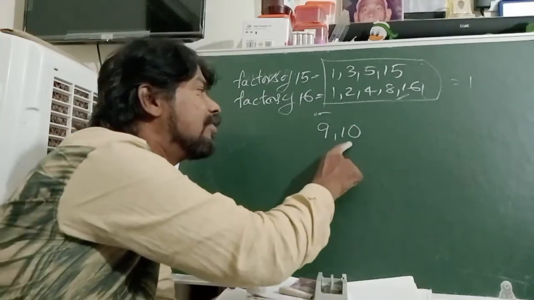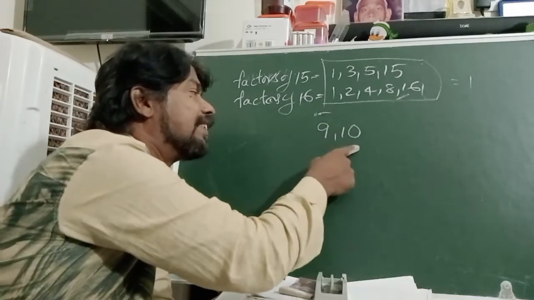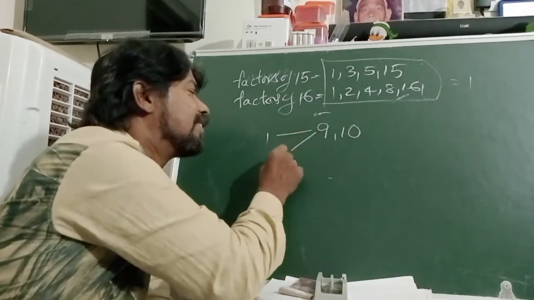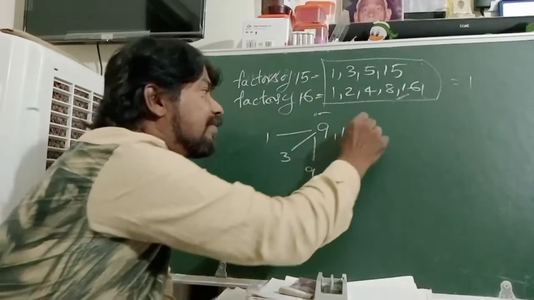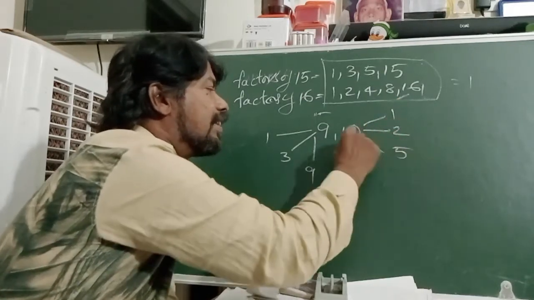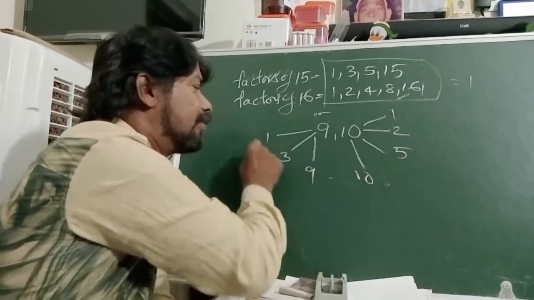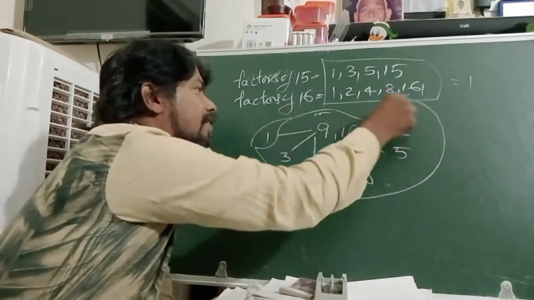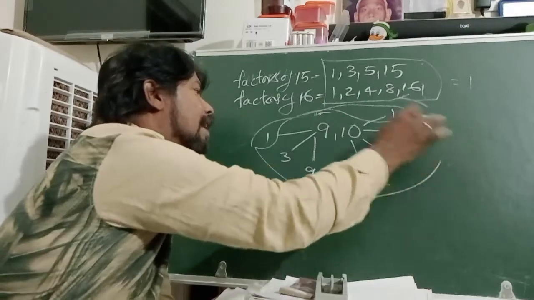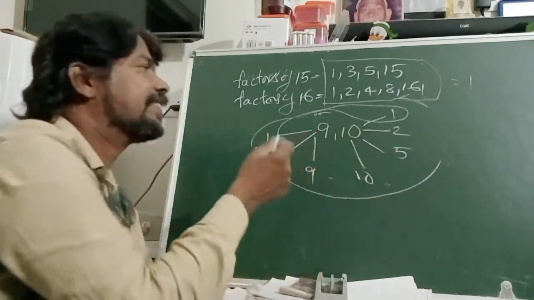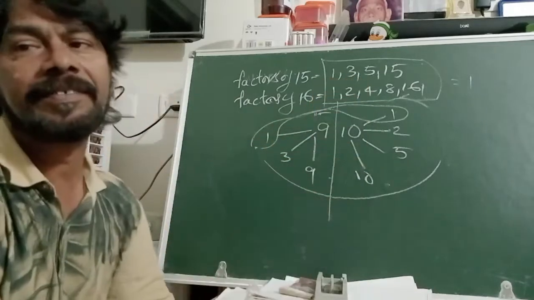These two are consecutive numbers, as we get 10 after 9. The factors of 9 are 1, 3, 9. Factors of 10 are 1, 2, 5, 10. Observe, 1 and 1 are the common factors. So the remaining are 2, 3, 5. There is no common factor to each other.